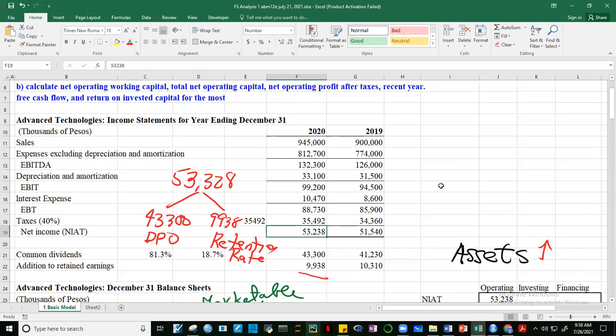So, ang tatanungin natin, may mga dinagdag ba tayo o may mga binawas ba tayo dito na non-cash? Kasi kung may mga ganong adjustment tayo, dapat i-adjust natin yon. Okay, may mga dinagdag ba tayo dito na non-cash? Wala naman kasi wala naman non-cash revenue dito. May mga binawas ba tayo na non-cash?